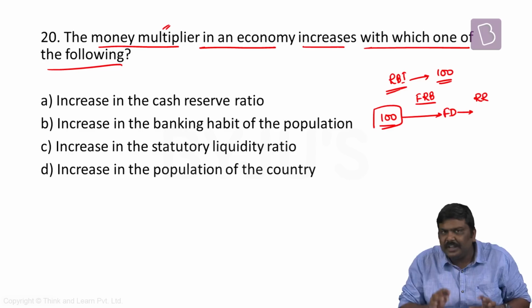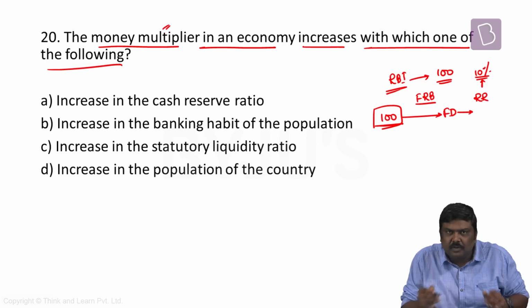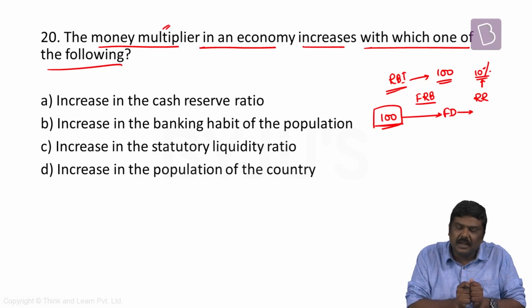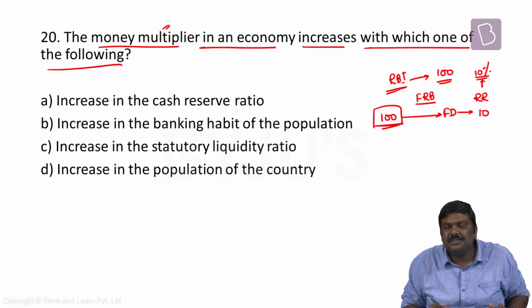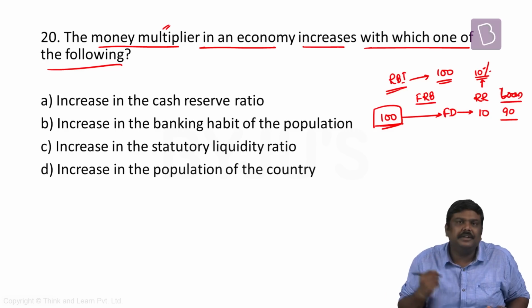Let's say hypothetically for this explanation, the reserve ratio is 10%. What is the meaning of this? Out of the 100 rupees deposit collected by the bank, it will keep 10 rupees and the remaining 90 rupees, it will issue in the form of a loan in the market.